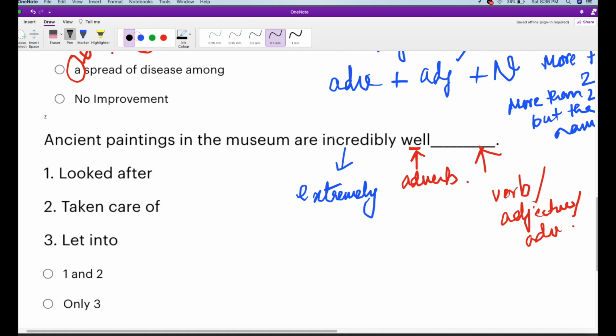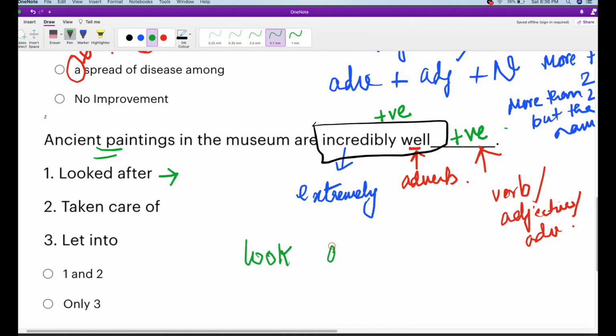So from this part, what do you understand about the sentence? It is positive. It gives you a positive sense, so here also you need a positive word. The paintings are incredibly well looked after. What is the meaning of "looked after"? To look after is a phrasal verb.